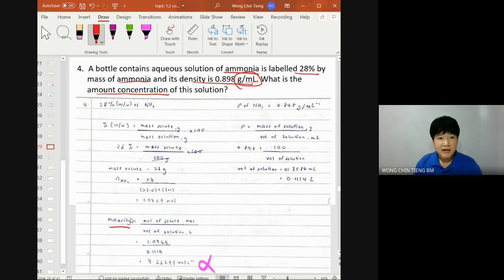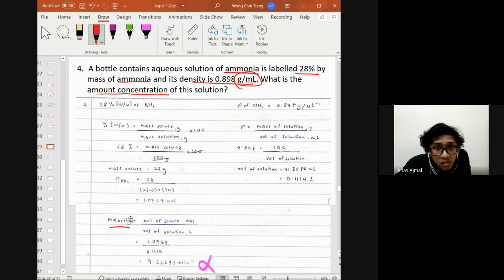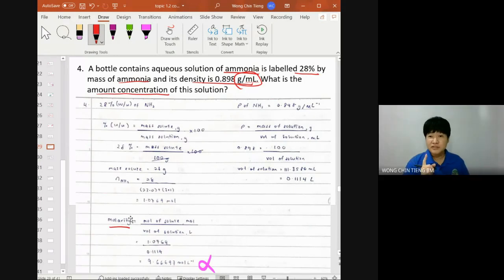Semua geleng kepala. Anas, what is wrong? No assumption. Very, very good.